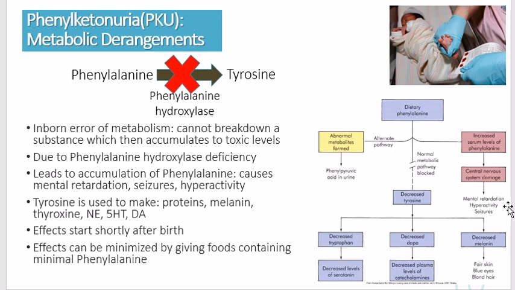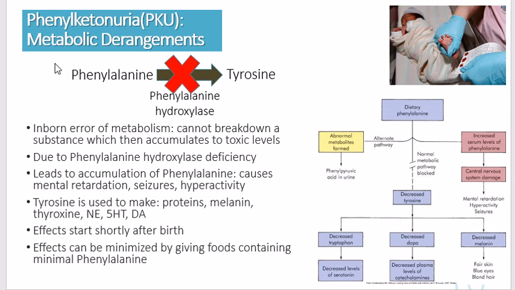So if somebody is born and they're diagnosed with PKU, it's important that it's dealt with appropriately early, and it can be detected right at birth. And how it's dealt with mainly in terms of the buildup of phenylalanine is that the individual has to have a diet that is very low in foods that contain phenylalanine.